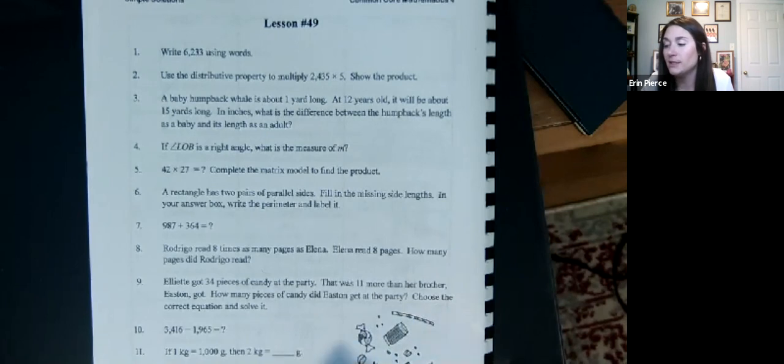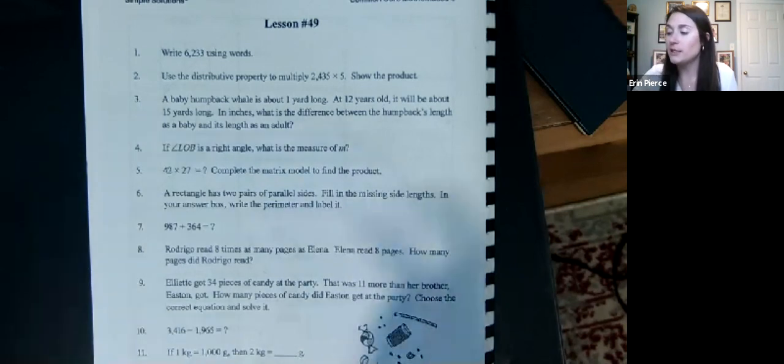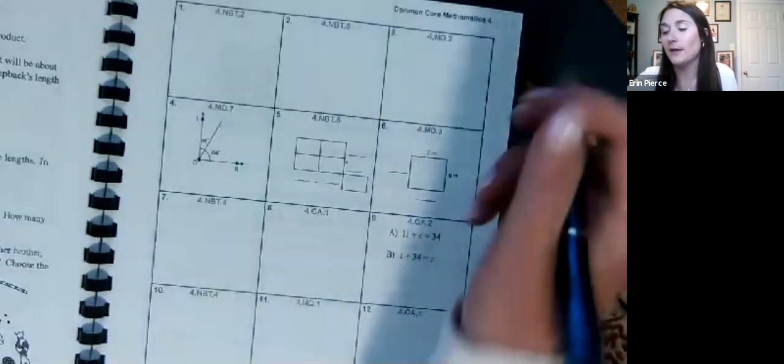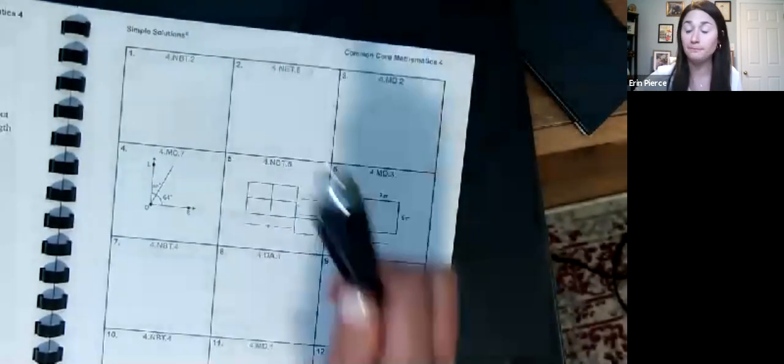Wow, that's a lot to unpack with one question. If it starts off as a yard long and ends at 15, let's first do 15 minus 1.